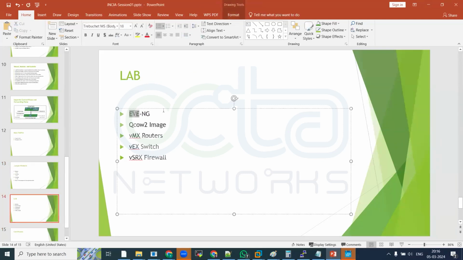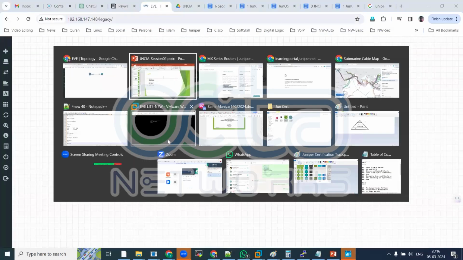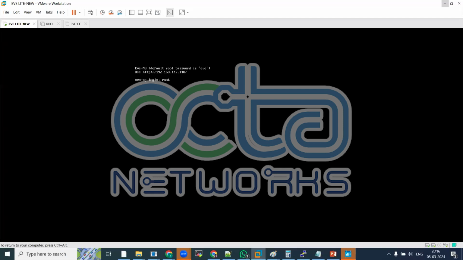So we are going to use EVE-NG here, which I've already shown you, and we can use QCOW2 images. These are the backend images, so here we log in. Under a particular folder, these are QEMU images.